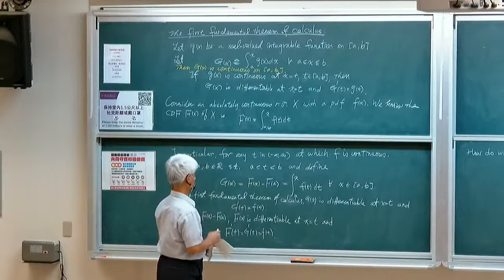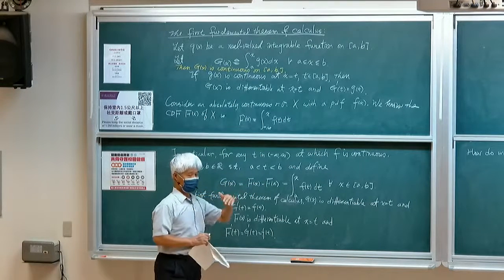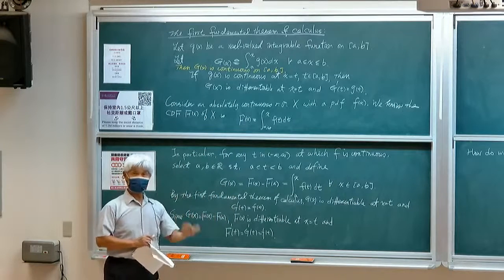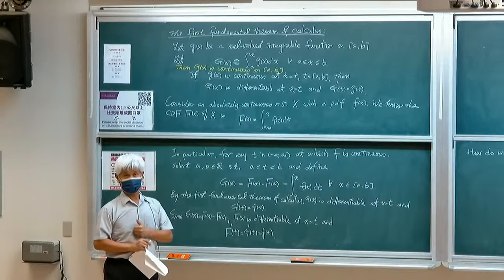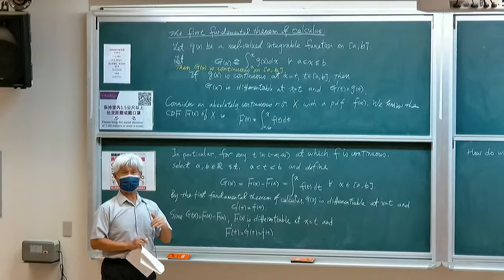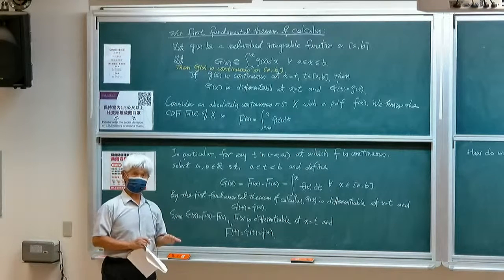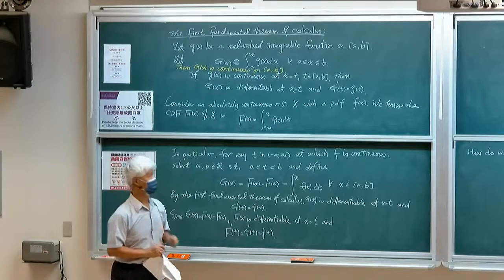So if a random variable is absolutely continuous, then it is continuous. Right. So continuity is a necessary condition for absolute continuity.